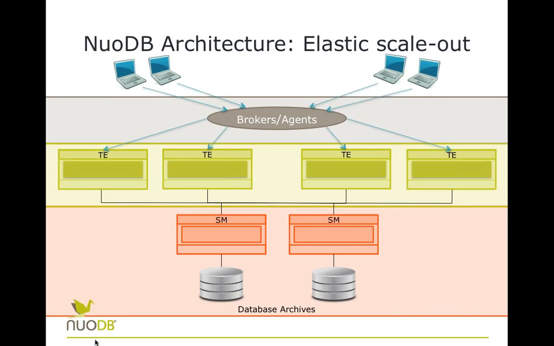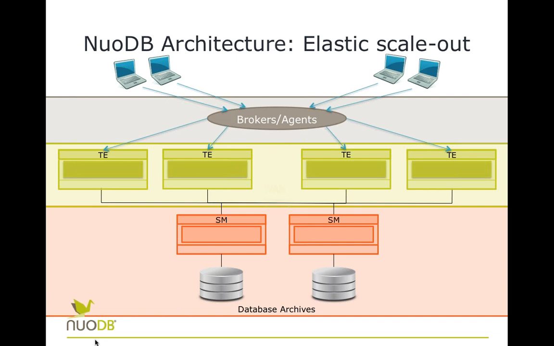And of course, this whole thing has to be elastic. So as the workload increases, you just spin up more transaction engines and they support more transactions for more customers, more connections, more users. And indeed, if you have pre-provisioned infrastructure, then you can tell NuoDB to monitor its own service levels.